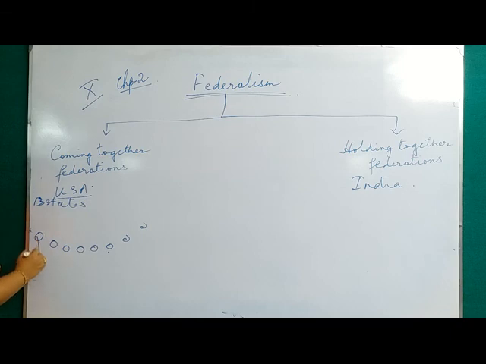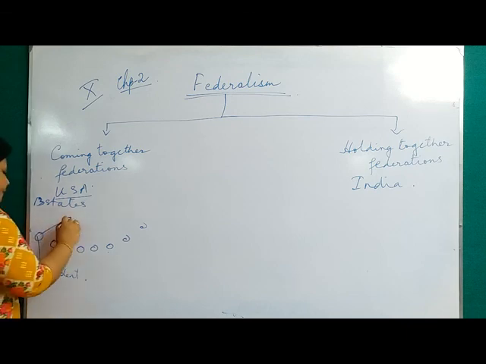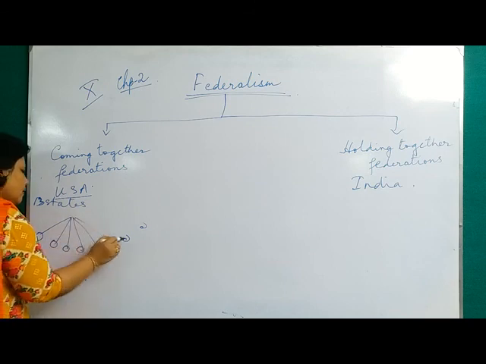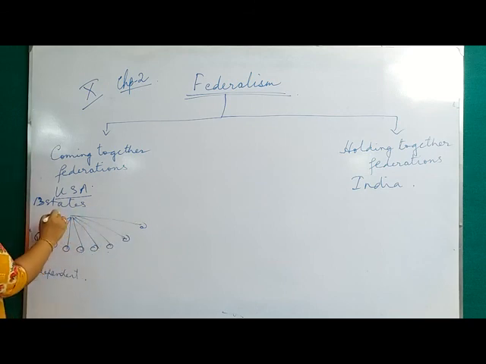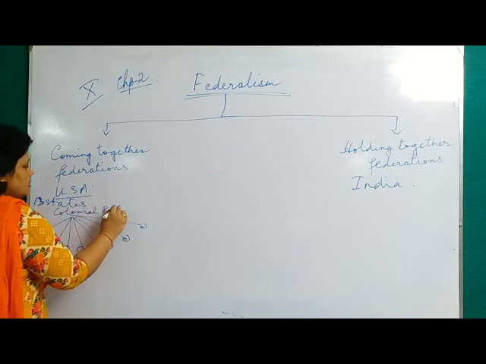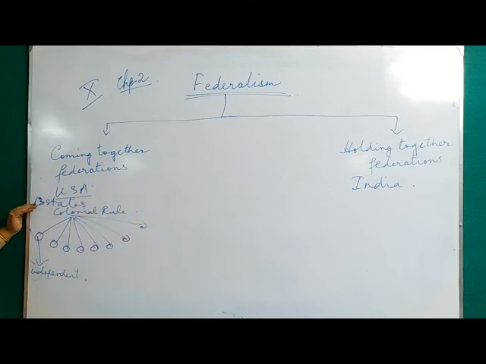And these states were independent states, but all of them were under colonial rule. Colonial rule means the British had formed colonies here. Although they were independent, the Britishers had formed their colonies there.